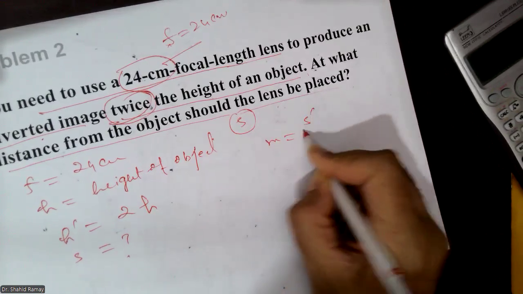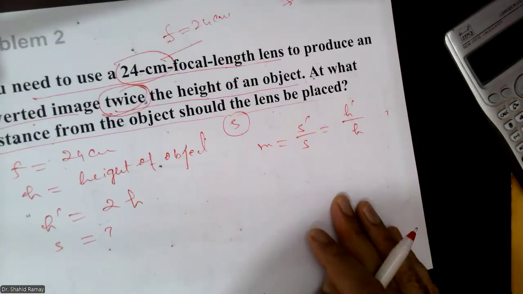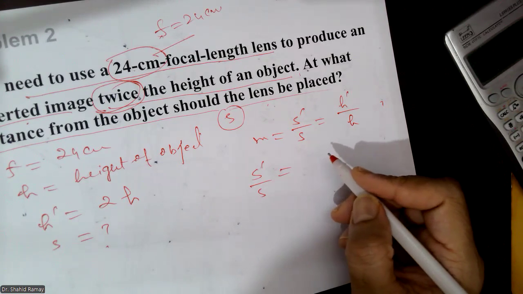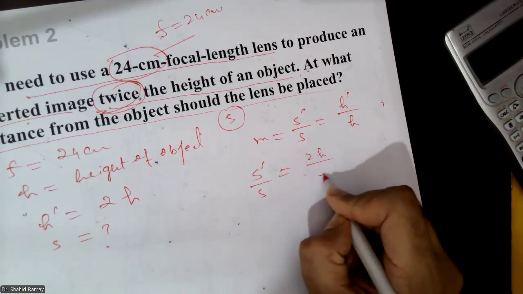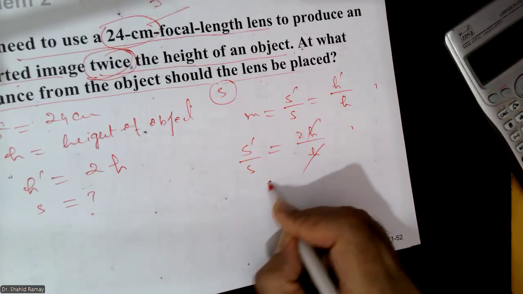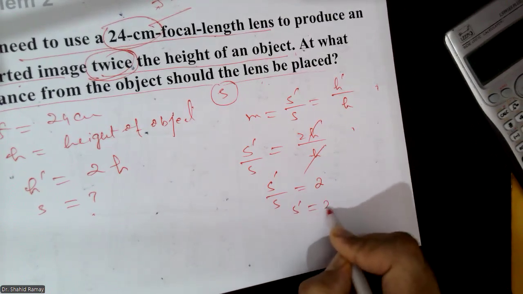Magnification is equal to s dash over s is equal to h dash over h. You know this one. So s dash over s is equal to h dash, which is 2h, over h. Here h is cancelled and s dash over s is equal to 2. So s dash is equal to 2s.